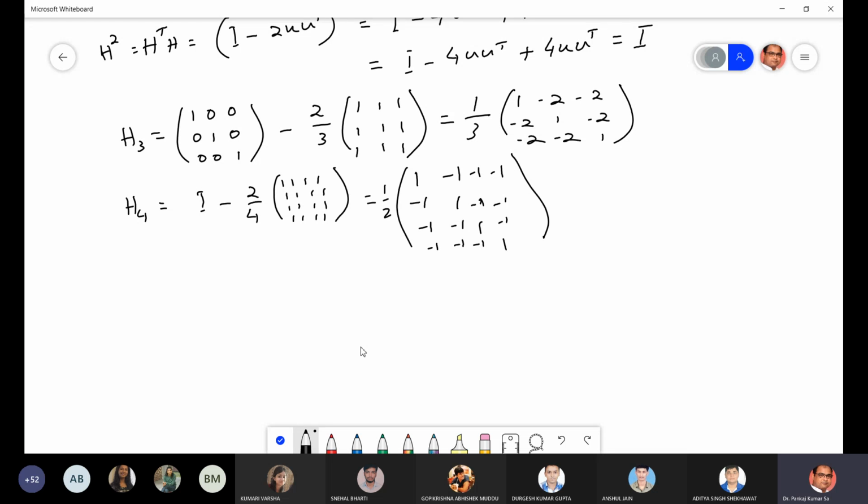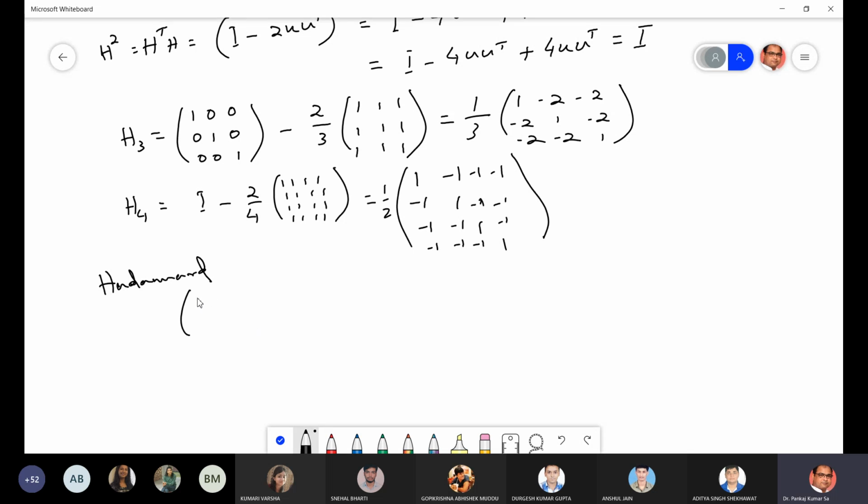Now, this is Householder's. There was another gentleman called Hadamard. He also came up with some orthogonal matrices.